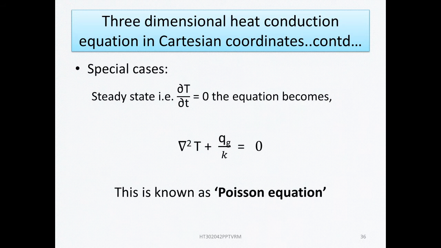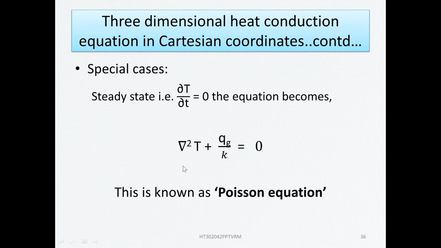The first special case is when conditions are steady, that means steady state conditions. In steady state conditions, what is the basic consideration? Temperature or properties never change with respect to time. They remain the same throughout the time, and hence we can write del T by del t is equal to 0.